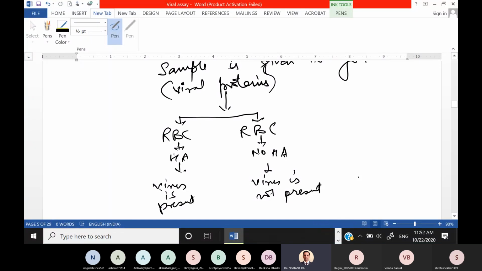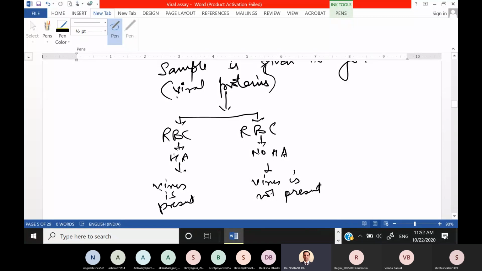A virus sample is given to you containing hemagglutinin protein, which of the following statements is true? It will bind with RBC, hemagglutination happens; it will bind with RBC, no hemagglutination happens; no effect on RBC; none of the above.